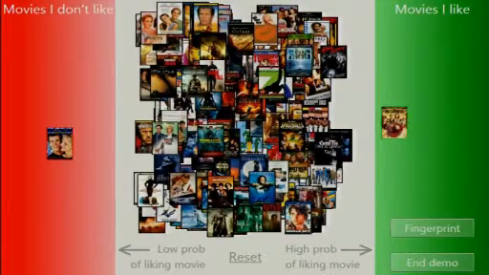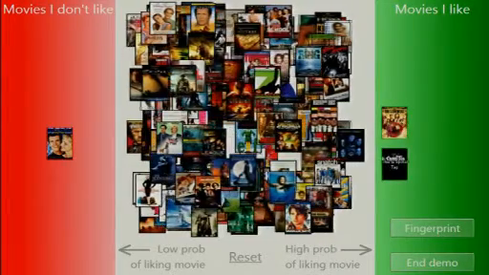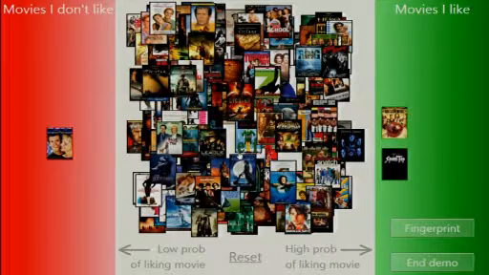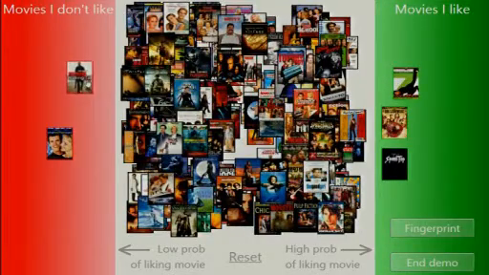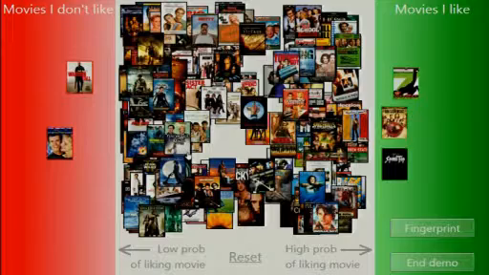If you make a few selections, it starts getting a little more certain. Some move to the left and some move to the right, because it's learning from my actions. So I can start dragging these around here, and if I did this enough times, it would be more and more certain about what I'm going to like or dislike.